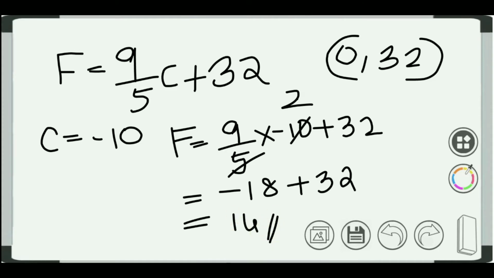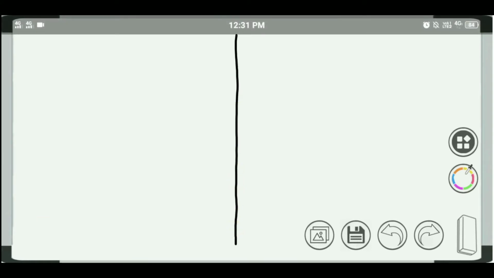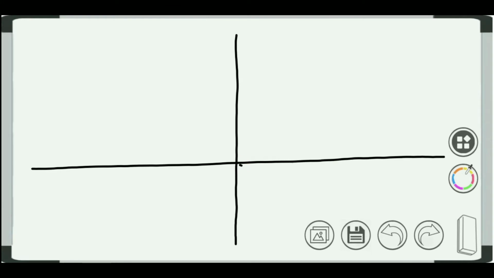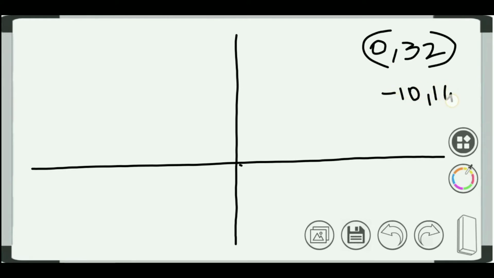So you got the next point as minus 10, 14. That's enough. We'll plot it in the graph. Points are 0, 32, and minus 10, 14.